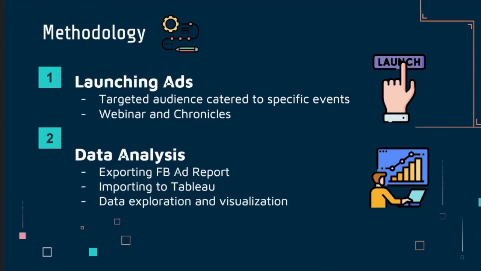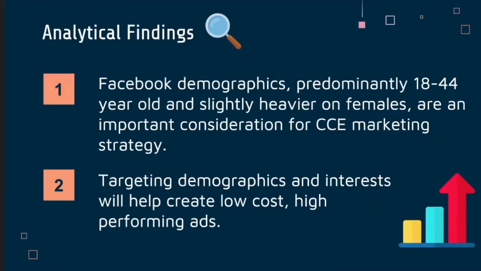So here are the two main findings that we concluded. The first is that Facebook's demographic overall is generally predominantly 18 to 44-year-olds that are more female-oriented than male on the platform.